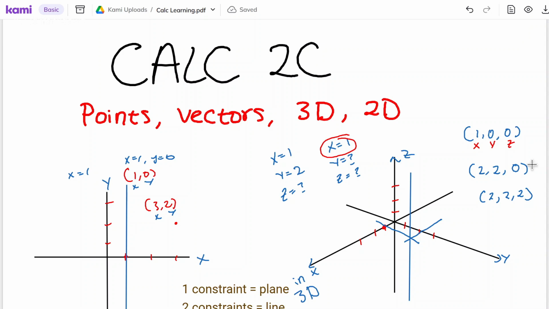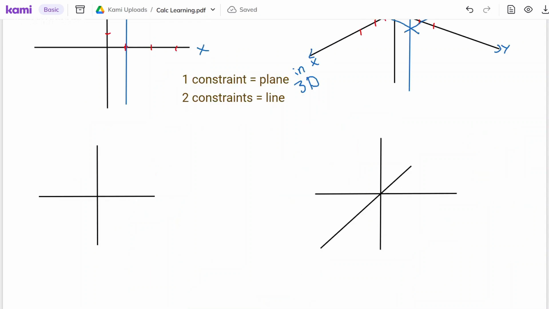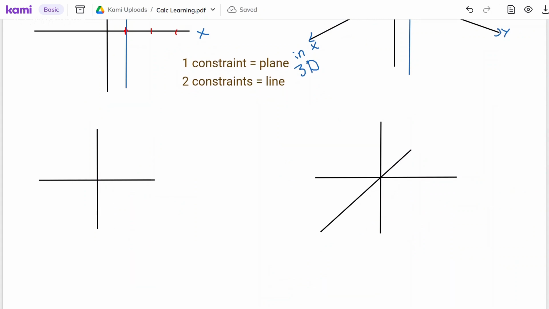So now let's move on to vectors. So a vector is just going from one place to another. It's literally a line in space or in 2D. So first I'm going to do it in 2D.